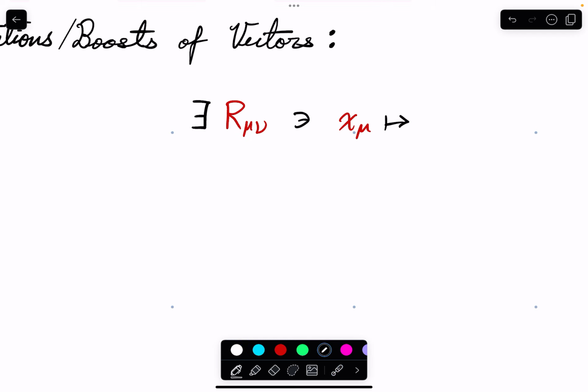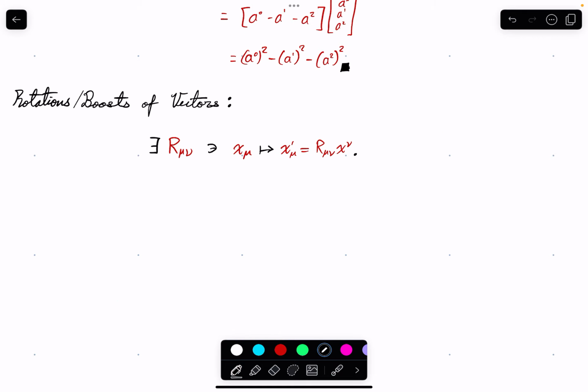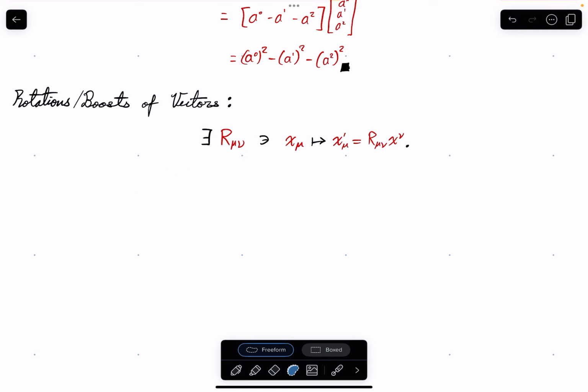They're interchangeable conceptually. It maps to some transformed vector, which would be equal to this. So that would be the form of a rotation.